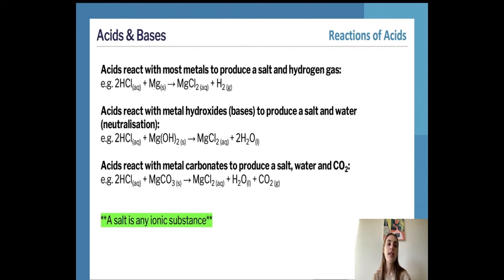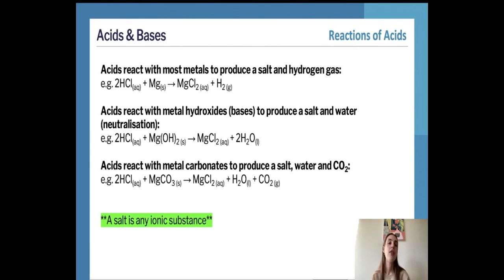An example of this is hydrochloric acid plus magnesium hydroxide makes magnesium chloride and water. In this case, the acid is the hydrochloric acid, the base or metal hydroxide is the magnesium hydroxide, and then the salt is the magnesium chloride. And then of course we have water produced as well.